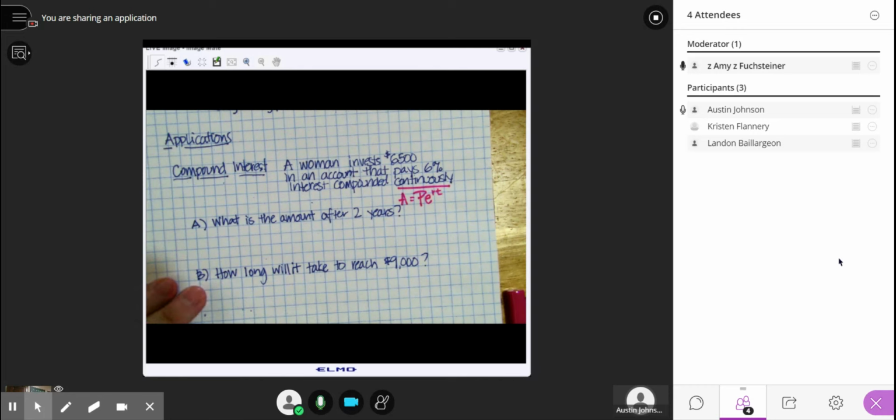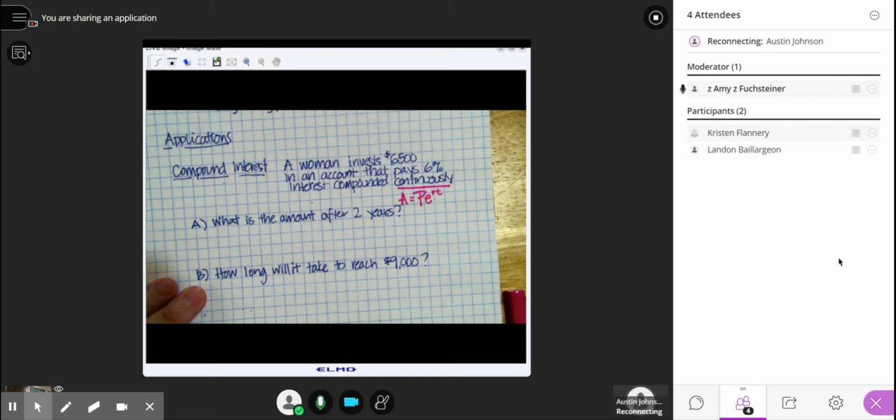So the amount after 2 years, we're finding the A. The principal was $6,500. The e is just our numerical base. Our rate is 0.06, and our time is 2 years. This is just the plug and chug portion.